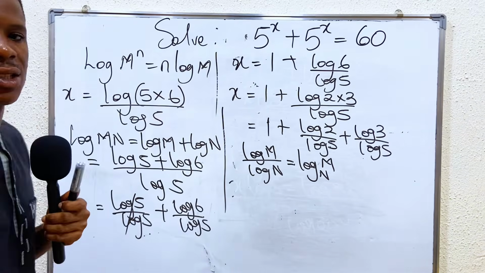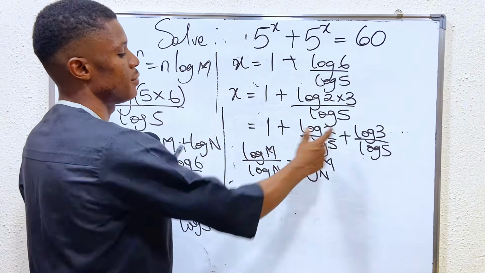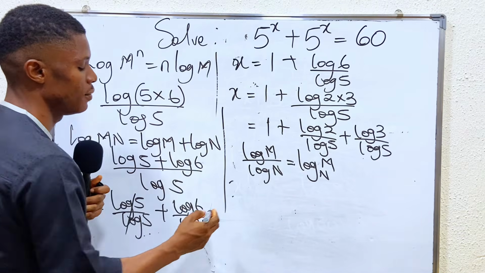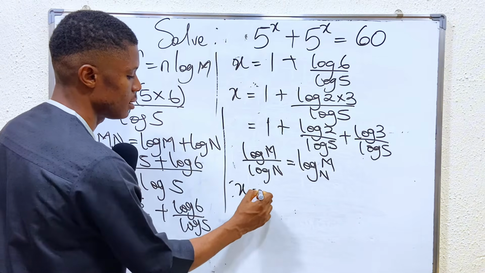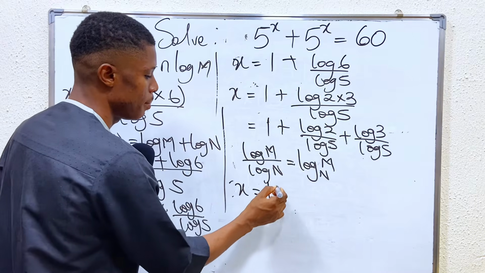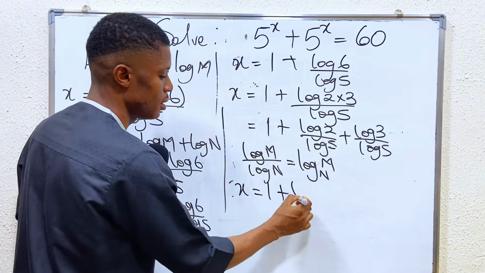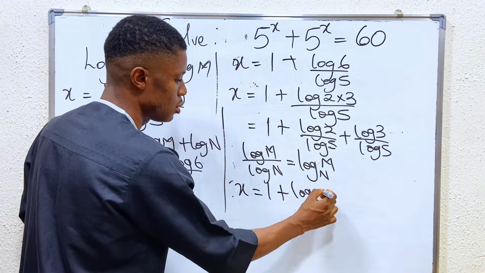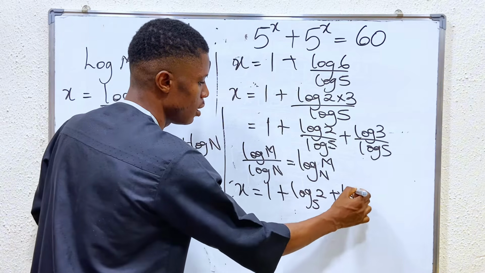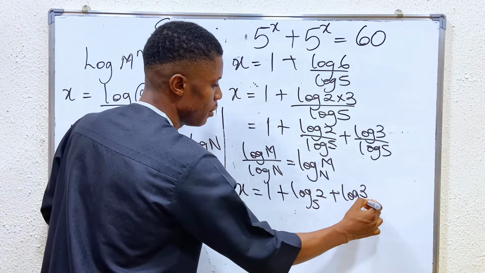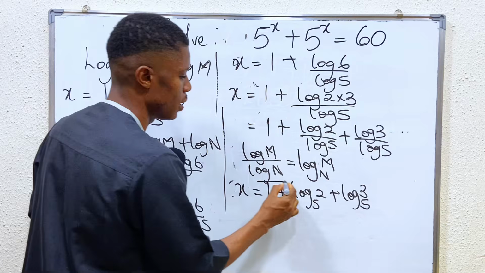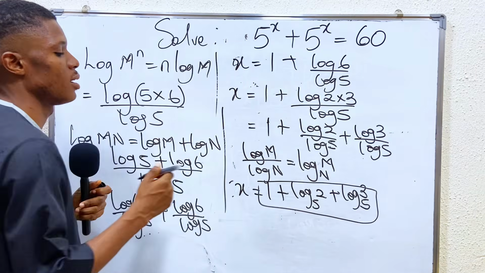That's the change of base. If we apply it to each of the terms, we have x equals 1 plus log base 5 of 2 plus log base 5 of 3. And that's the correct answer for the value of x.